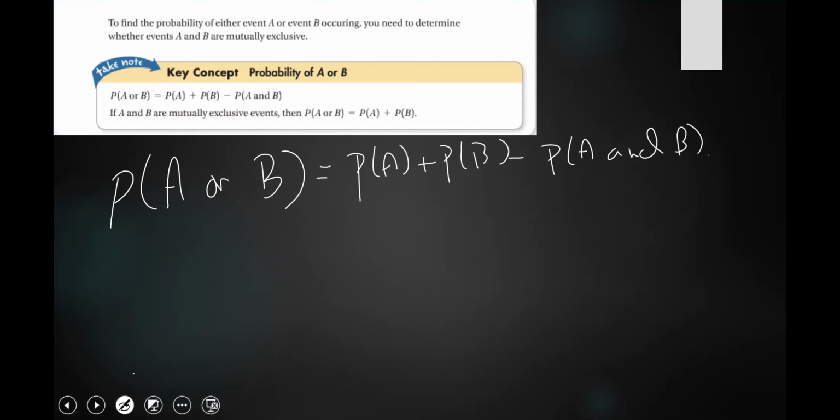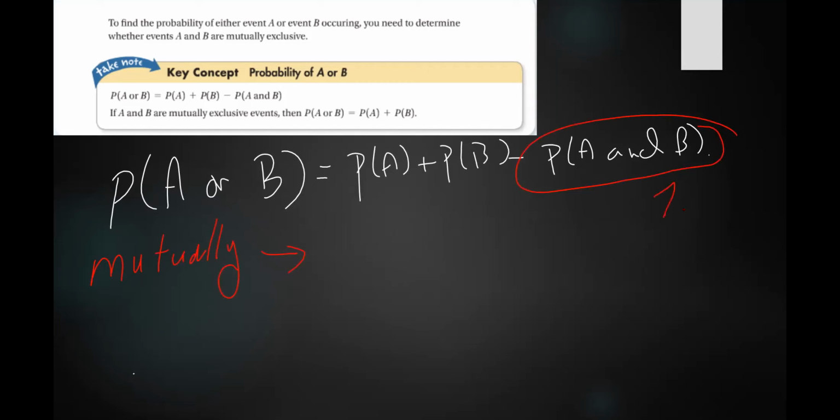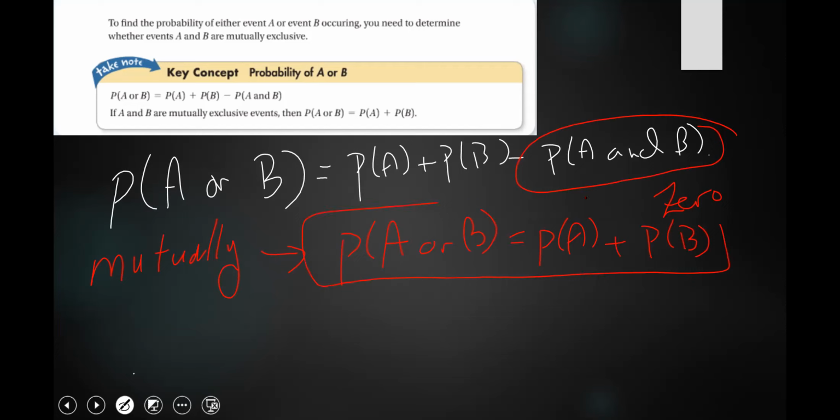Now, if it is mutually exclusive, that means A and B is 0, as we said before. So the probability of A or B, if it is mutually exclusive, will be A plus B only. So the formula will be changed if it is mutually exclusive.